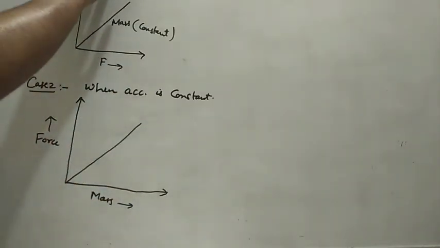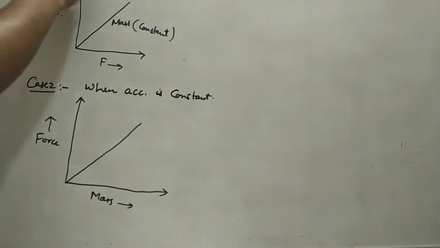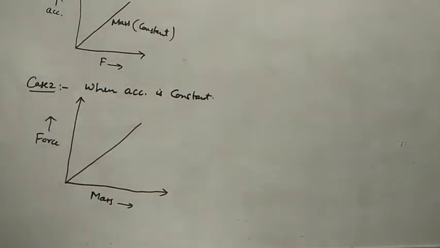If the acceleration is constant, then force is directly proportional to mass. The more massive the body, the more force you have to apply to get the same acceleration. The less the mass, the less the force for the same acceleration.